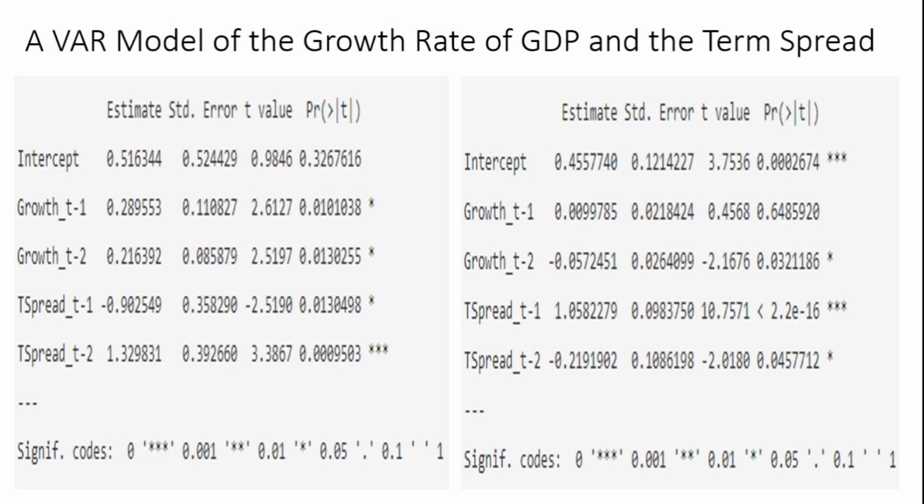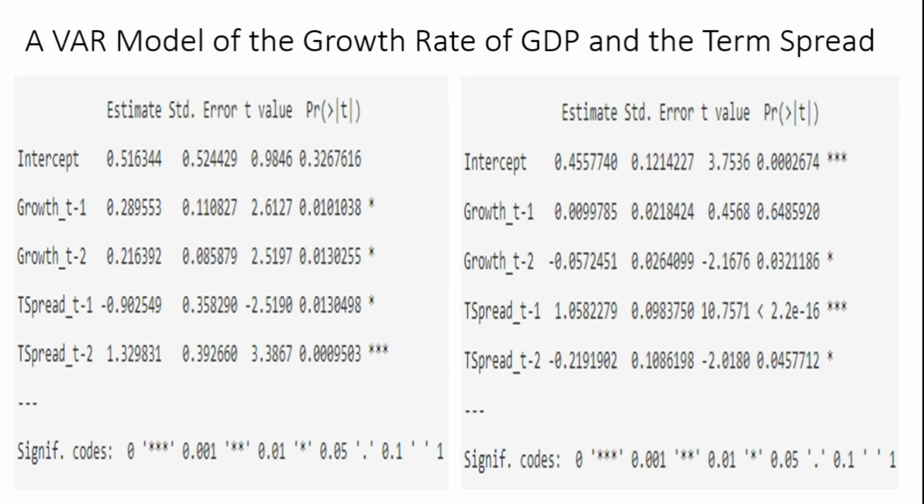Which means that making an action on term spread, you will wait for 2 periods of time, which means half a year, in order to see a reaction of GDP growth. If you take a level of significance of 1% or 5%, as well.